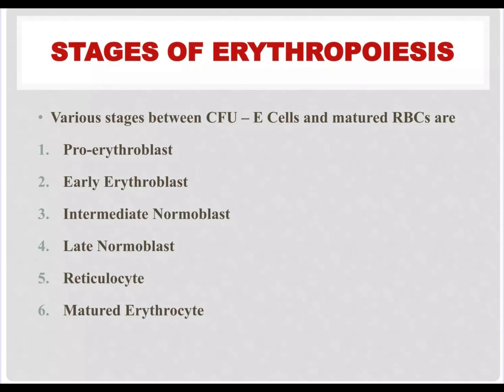Are you getting it now? Why do they call it the basophilic Normoblast? Because there are so many things that occur there, which I'll be telling you. So after the early Normoblast, you have the intermediate Normoblast. You can also call the intermediate Normoblast the polychromatophilic Normoblast.